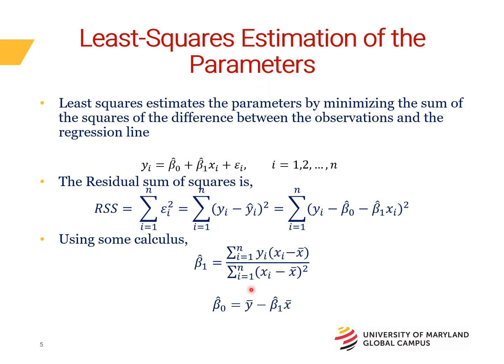Similarly, for solving the intercept, beta 0, you get this equation right here. This is beta 0 hat, which is the difference between the sample mean of the response and the product of beta 1 hat and the sample mean of the input variable x.